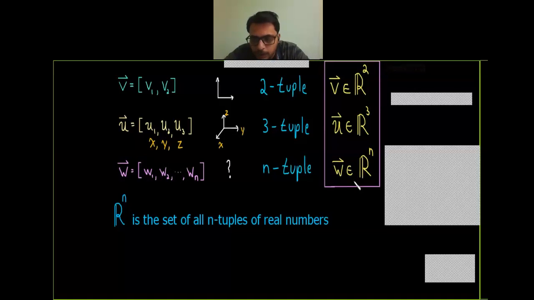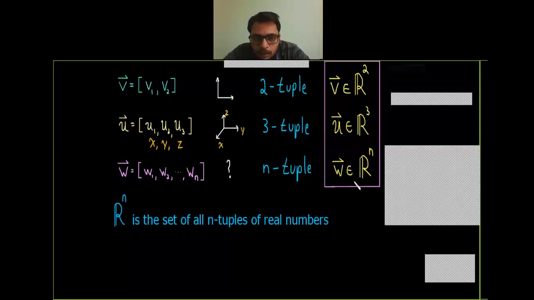Now if we say vector v has two components, it is a two tuple, an ordered list. In other words, v is an ordered list of two real numbers.